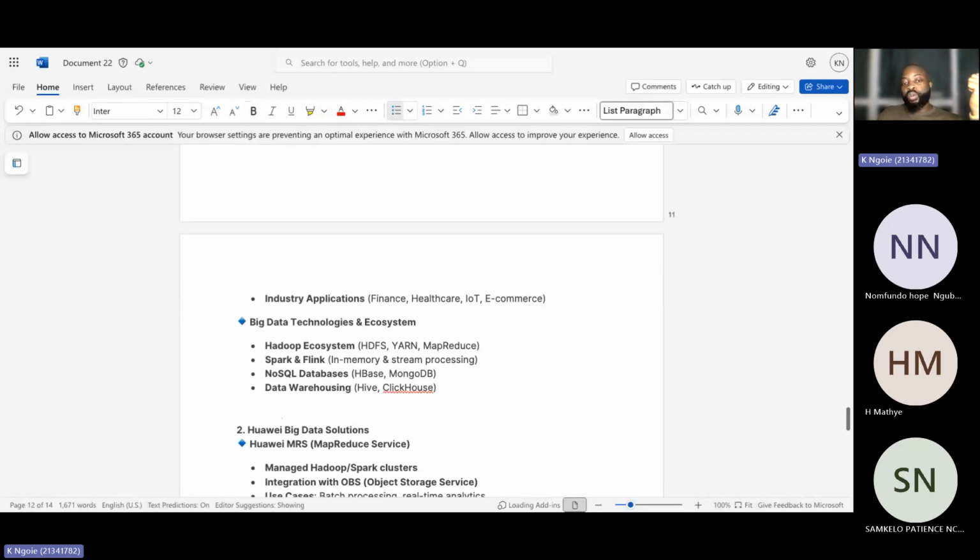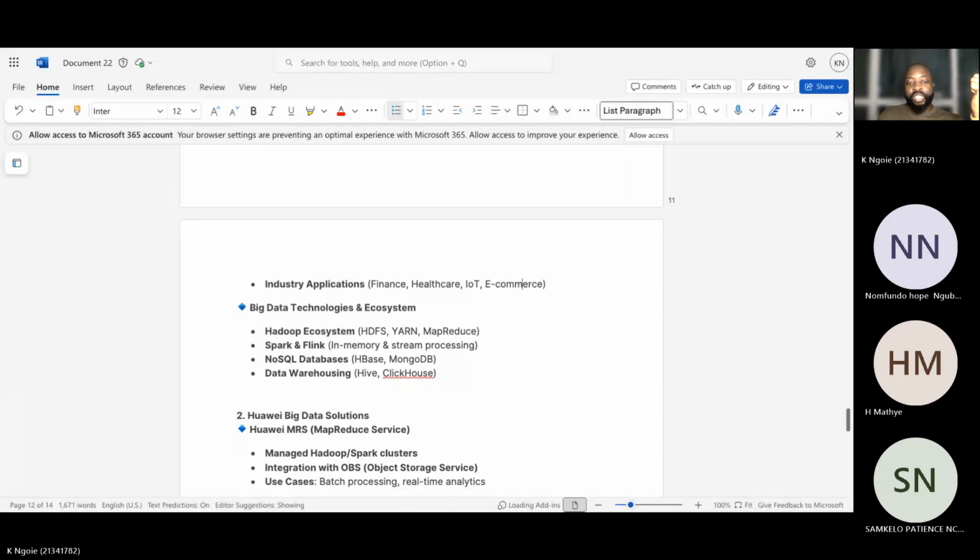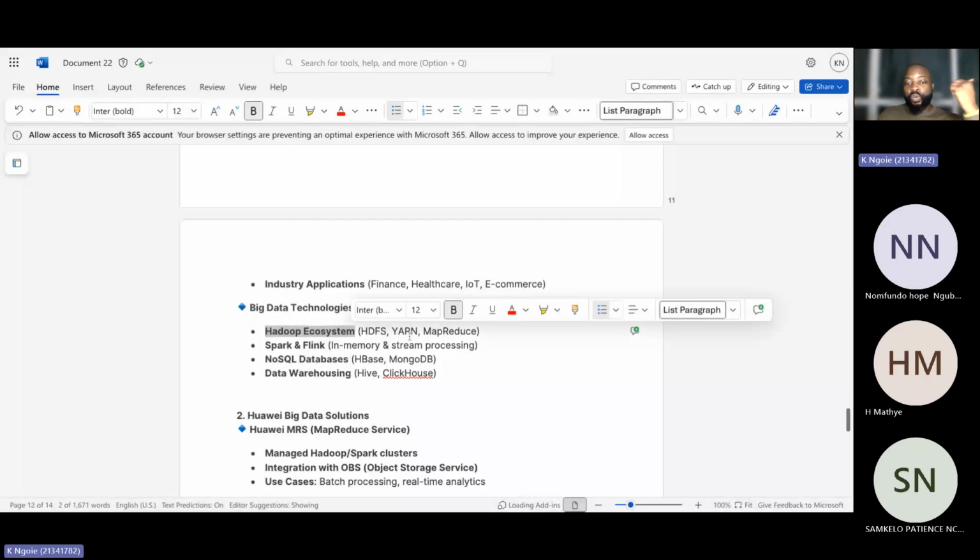So what type of technologies did we mention that we use in big data? We have the Hadoop ecosystem, HDFS. We spoke about Yarn and MapReduce. We spoke about Spark and Flink. We spoke about databases that are not using the SQL language, such as HBase.